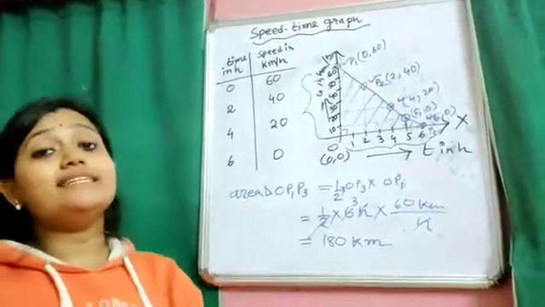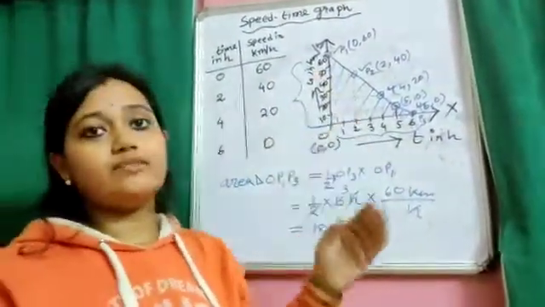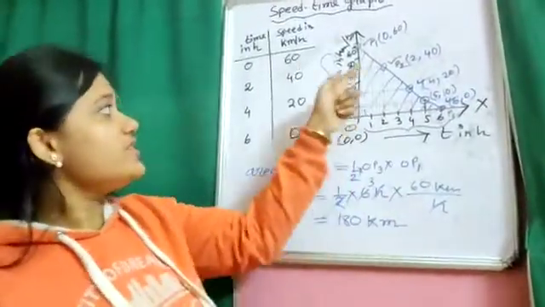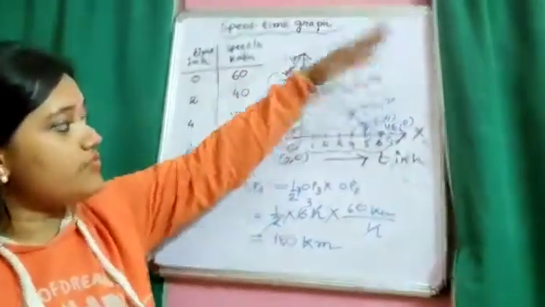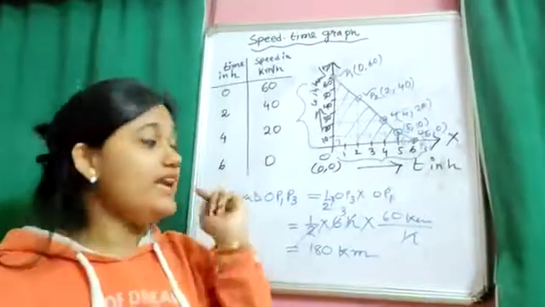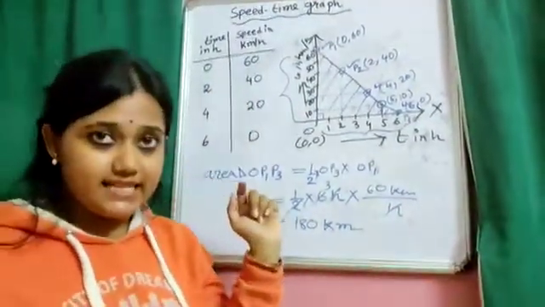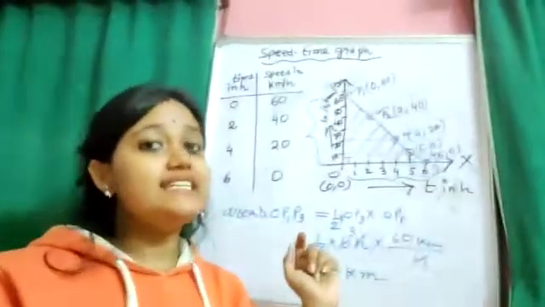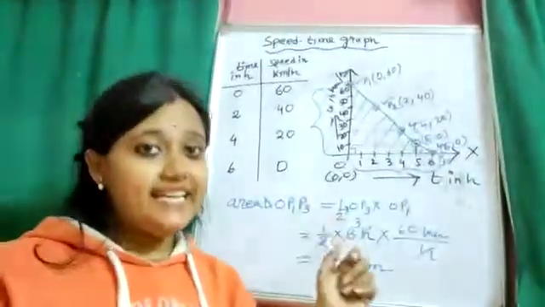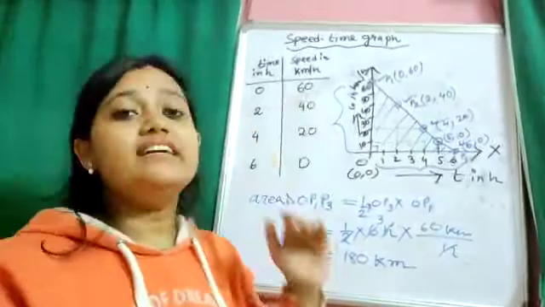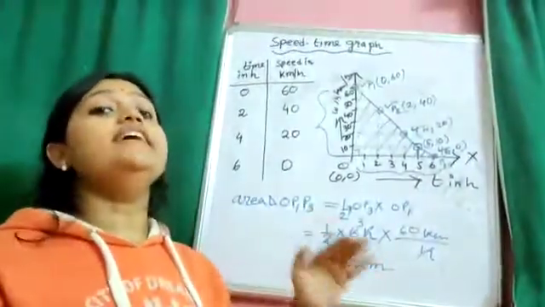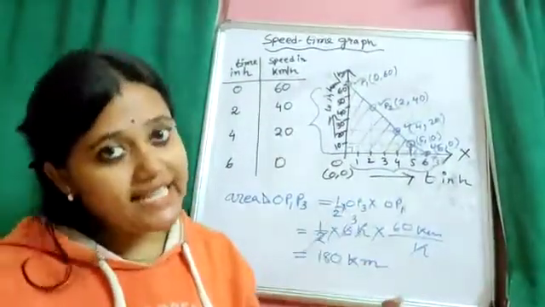Okay. So what are the things you have learned from these kinds of graph? First of all, this kind of graph is telling me that the velocity is decreasing. That is, it is in retardation, or the acceleration is negative.